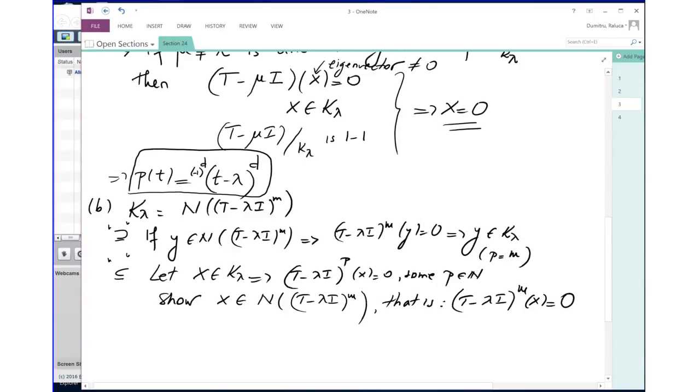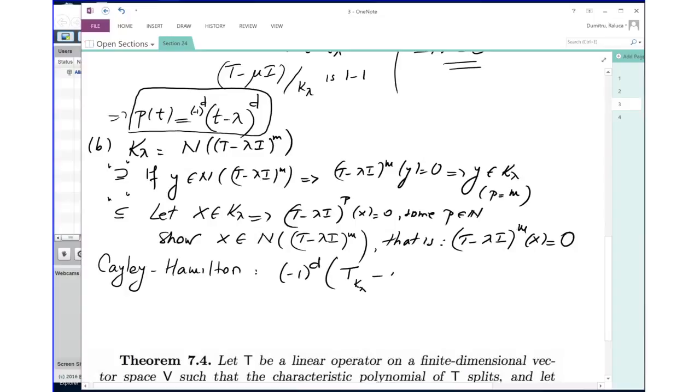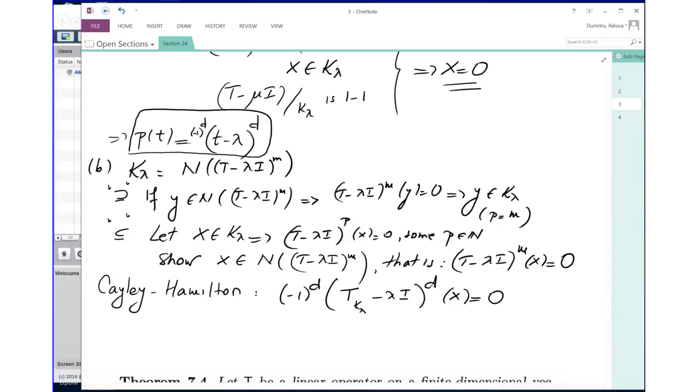Okay. And we're going to do that based on the characteristic polynomial and Cayley-Hamilton. Remember that according to Cayley-Hamilton, a linear operator satisfies its characteristic equation. It was the characteristic polynomial of the restriction to K lambda. So the polynomial of T applied to X equals 0 for any X in K lambda.